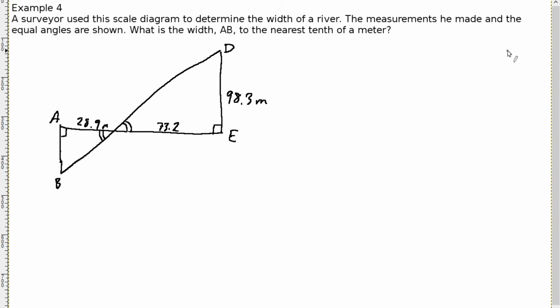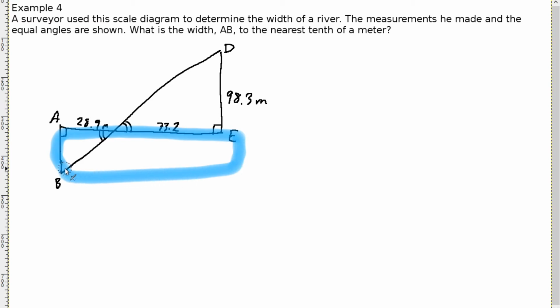Okay, in our final example, a surveyor used the scale diagram to determine the width of a river. The measurements he made and the equal angles were shown. What is the width AB to the nearest tenth of a meter? In the picture, actually, I forgot to put this in. The river is kind of in between or along this measurement.